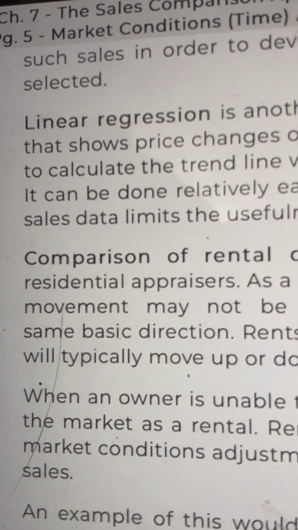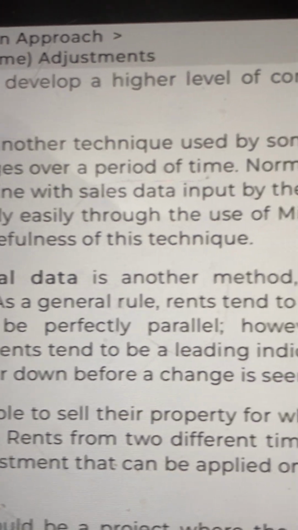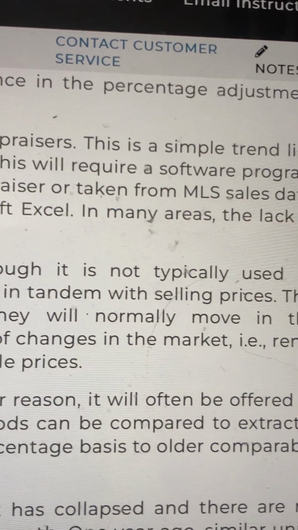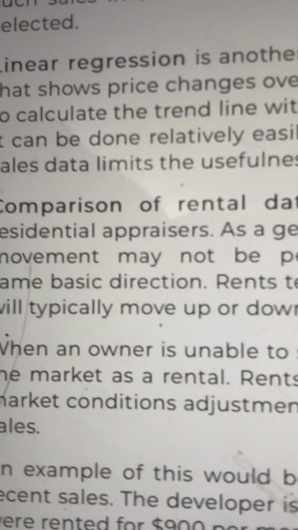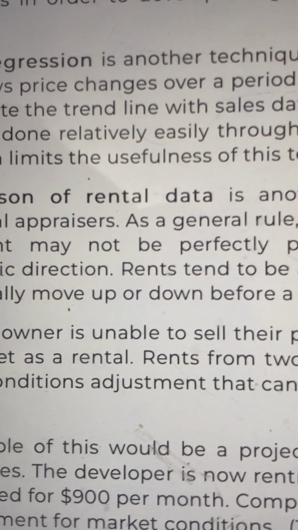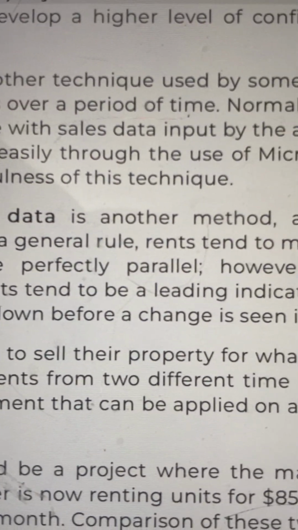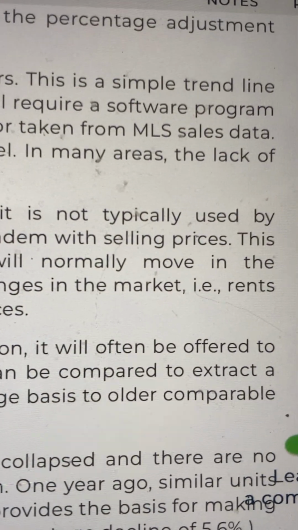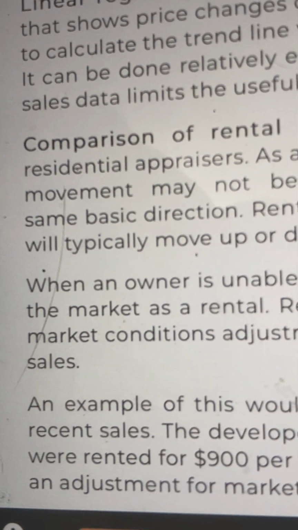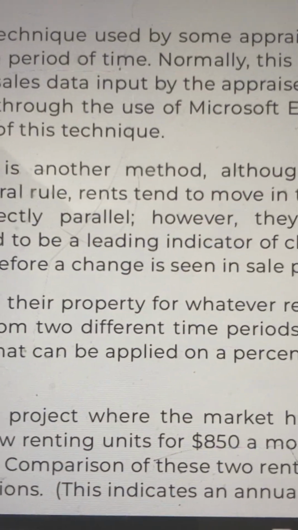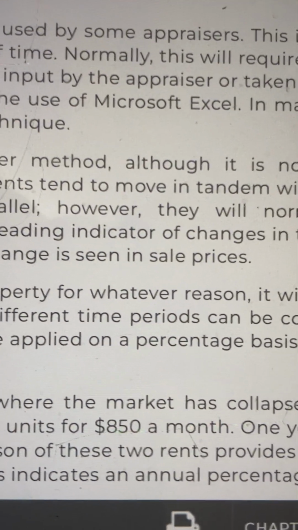This movement may not be perfectly parallel. However, they will normally move in the same basic direction. Rents tend to be a leading indicator of changes in the market. For instance, rents will typically move up or down before a change is seen in sale prices.